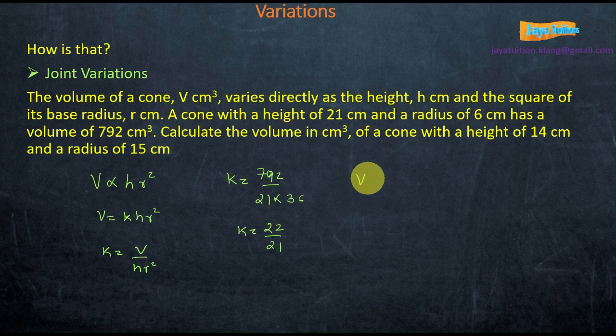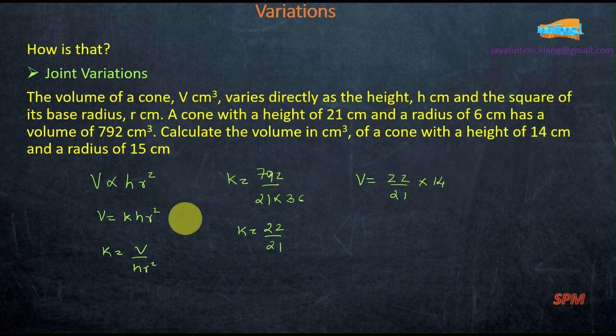So volume V becomes equal to k, which is 22 divided by 21, times h, where h is given as 14 centimeters. The units are the same, no change in the units. r is 15 centimeters, squared, correct?